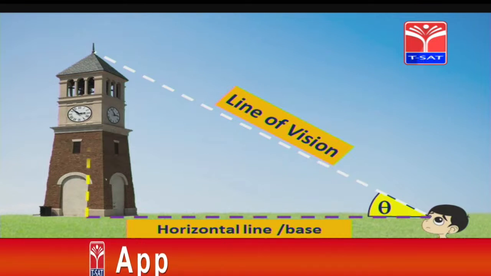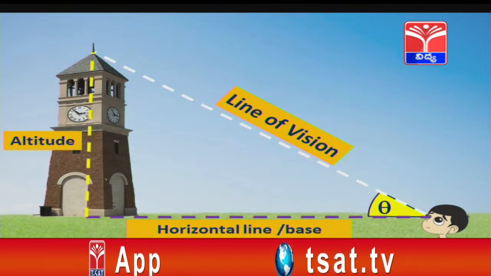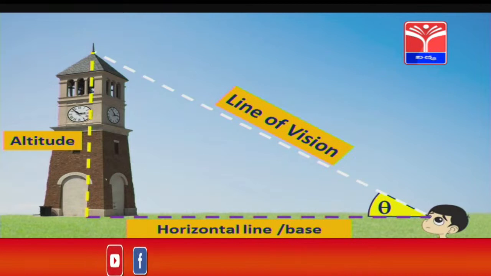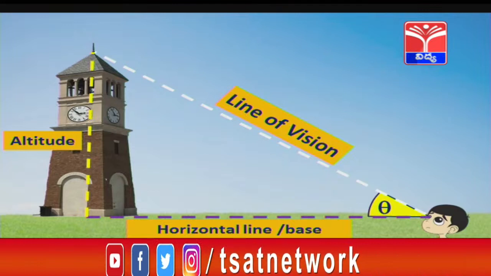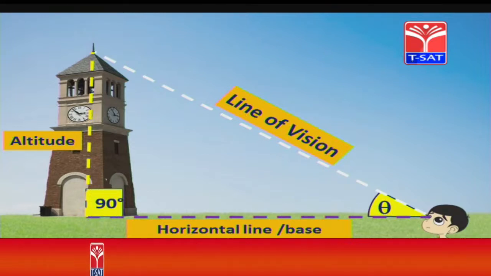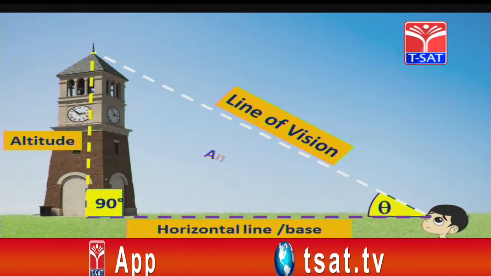Theta. Now, what is this? Altitude. So, this is the altitude which is going to give you the height of the watchtower, is it right? The height of the watchtower we can say here, and now both are 90 degrees to each other. So, this is again going to form a right triangle, isn't it?